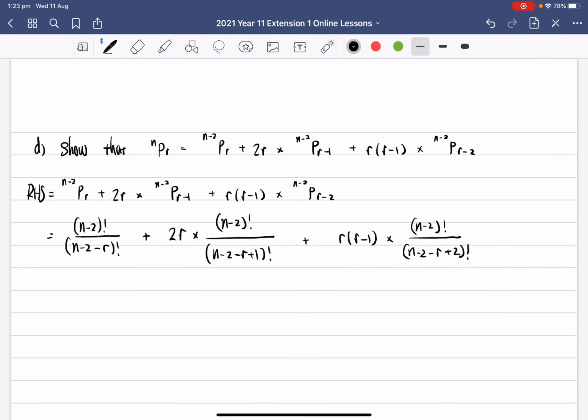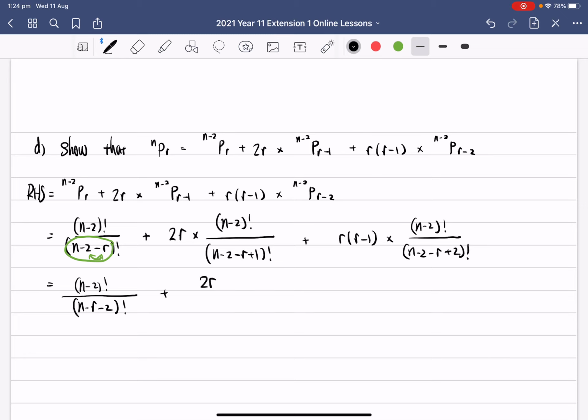All right, so once we have finished this, we just need to simplify each of the terms. And minus, now with this one here, just be careful. What I'm going to do is switch these two around, okay? So it's a bit clearer with the order of the numbers. So it's going to be (n minus r minus 2) factorial.